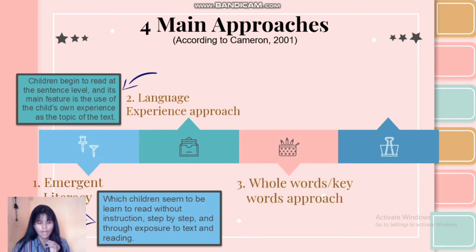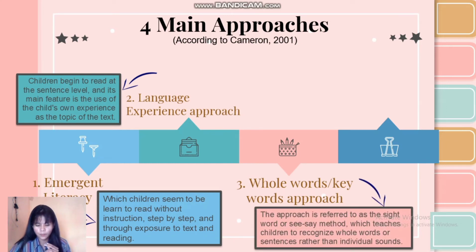And the third approach is the whole word or key words approach. This approach is referred to as the look and say method, which teaches children to recognize whole words or sentences rather than individual sounds.